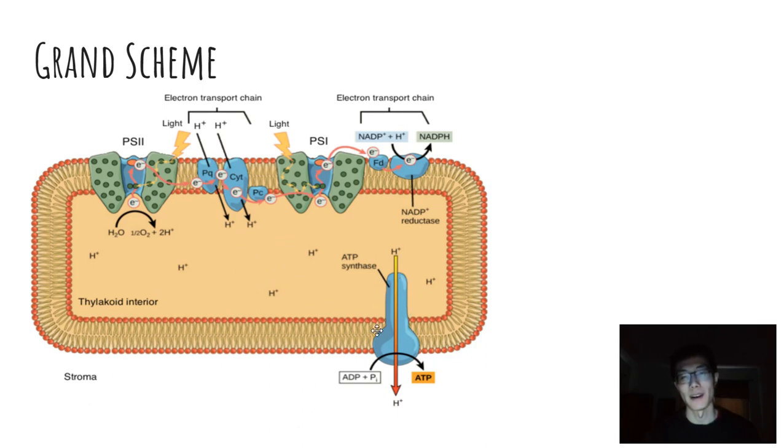So the placement of the ATP synthase might appear to be inverted, if that makes sense. So you should look at this as well as look at the mitochondrial electron transport chain and be able to see what differences there are between the two of them. So there you go. That's the grand scheme.